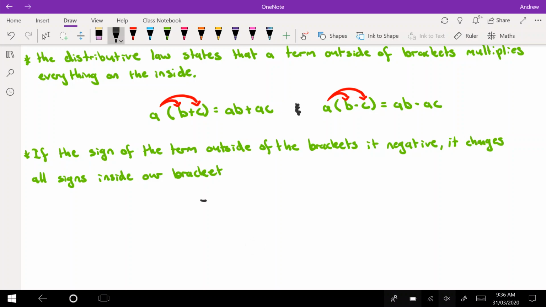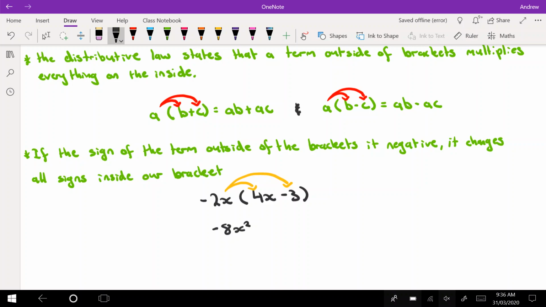So if we have negative 2x outside of 4x, take 3. This is probably a more typical example of a question you guys might see. So we have negative 2x times 4x, negative 2x times negative 3. Well, negative 2x times 4x is negative 8x squared.